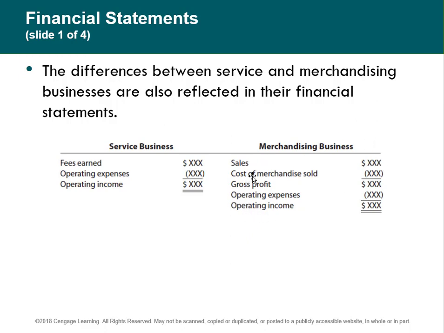We're going to subtract the cost of sales, the cost of the merchandise sold, and then we're going to have gross profit. Then we've got operating expenses that will come out of that, and then operating income. And just like the financial statements that we looked at in that extra credit quiz, they had sales, cost of goods sold, and gross profit. Every company had that.